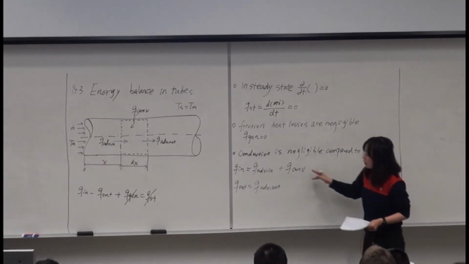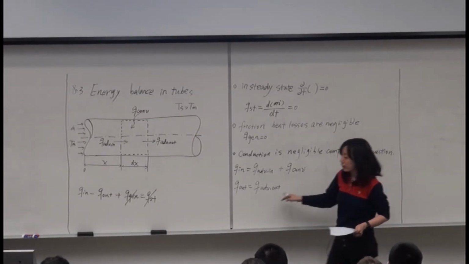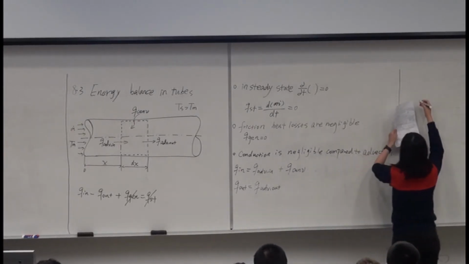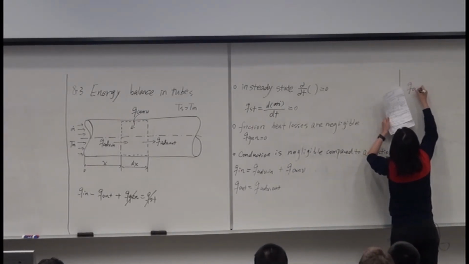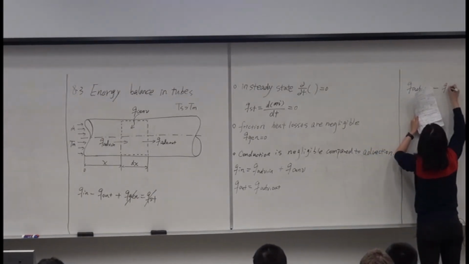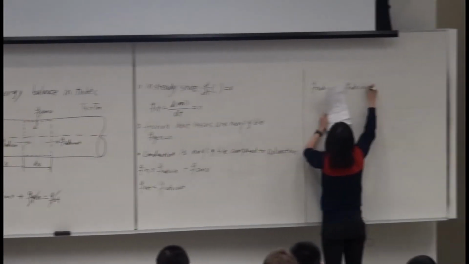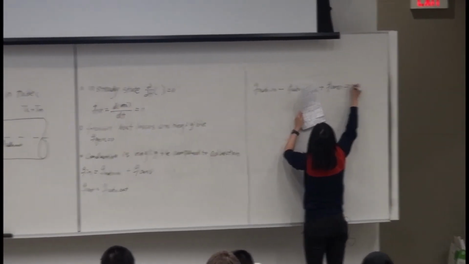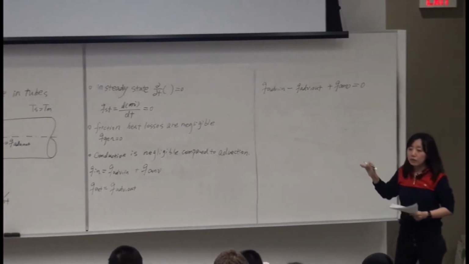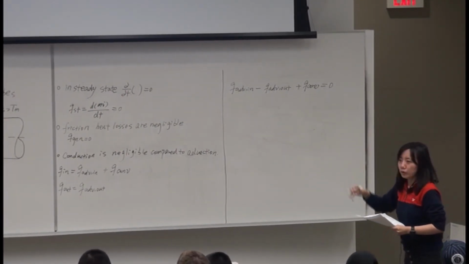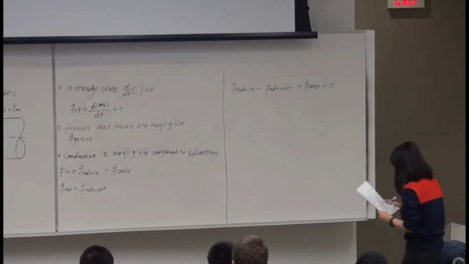If we put those terms together into the energy rate balance, we have Q advection in minus Q advection out plus Q convection equals 0. That's our energy rate balance, with all those three assumptions made.